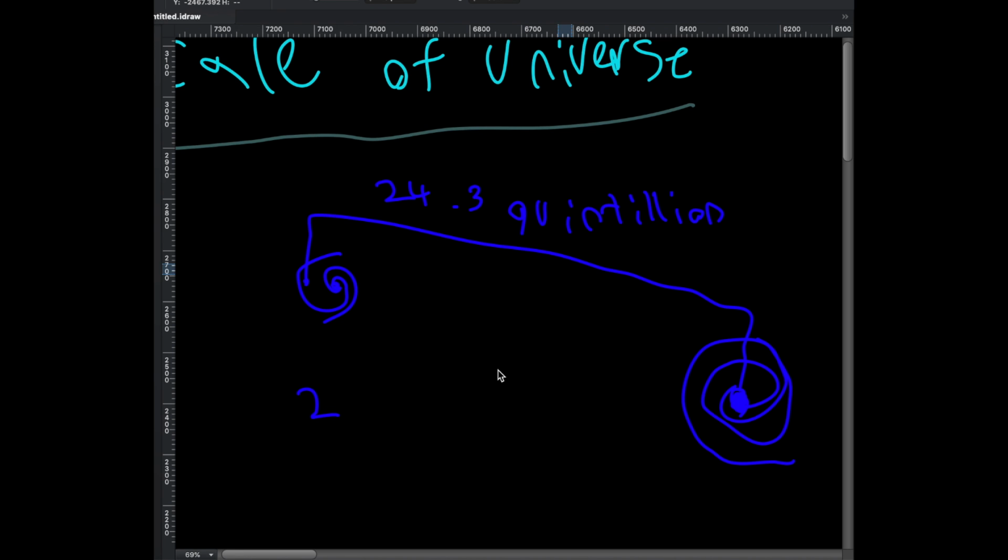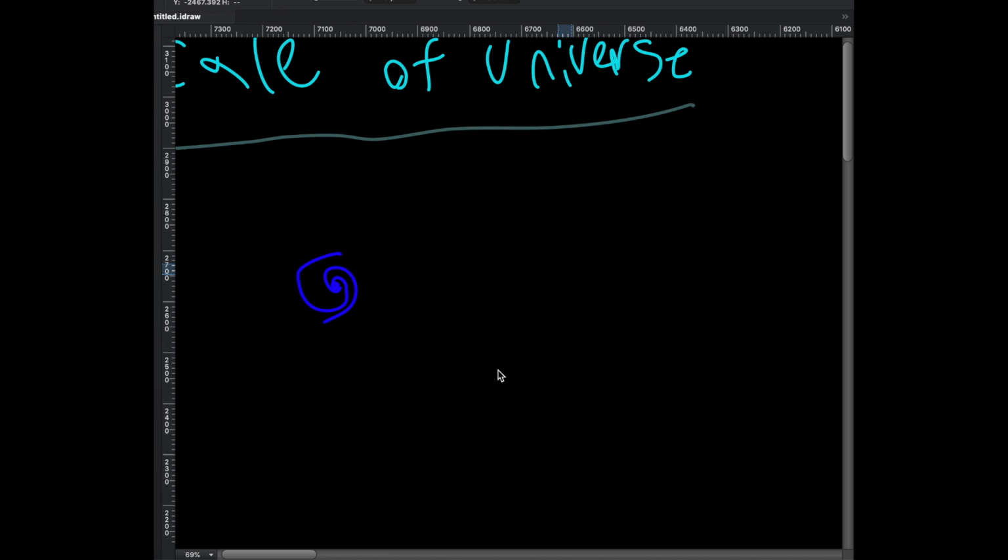So, now we get to one of the hardest imaginable farther places. So, we have our galaxy, which is now just a speck, and we have MACS0647-JD.